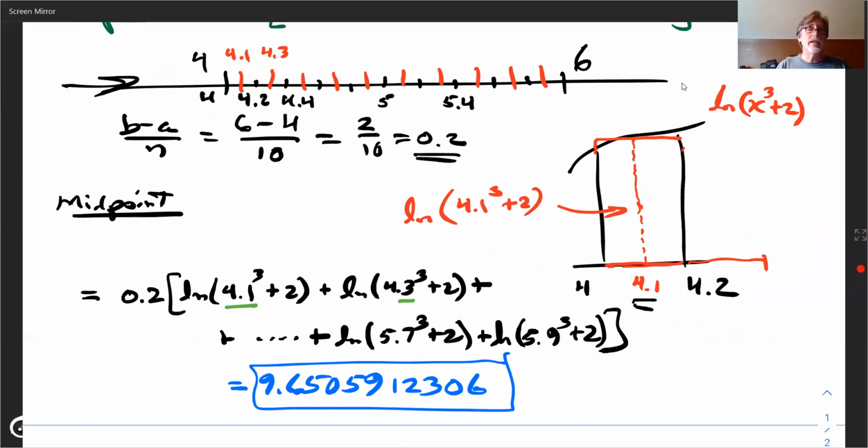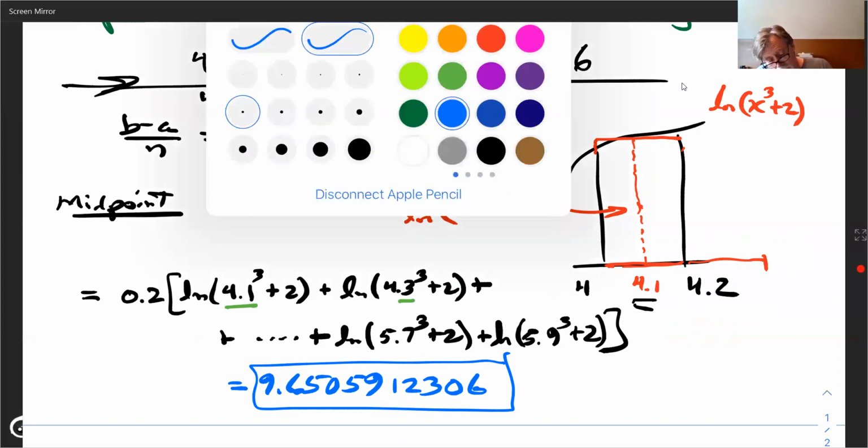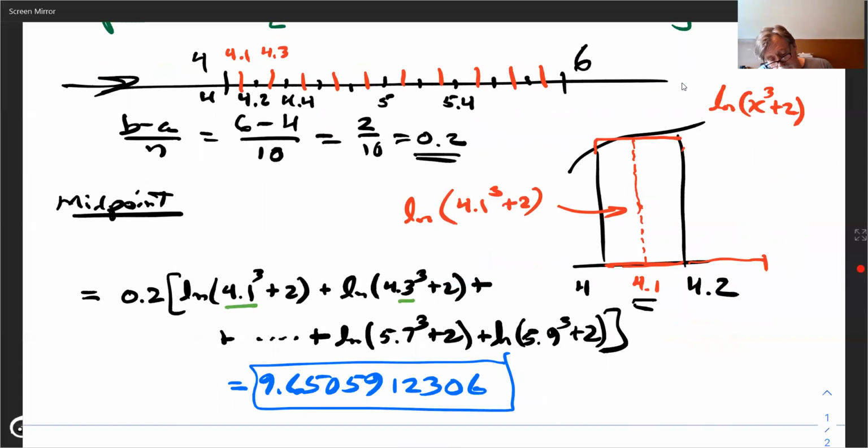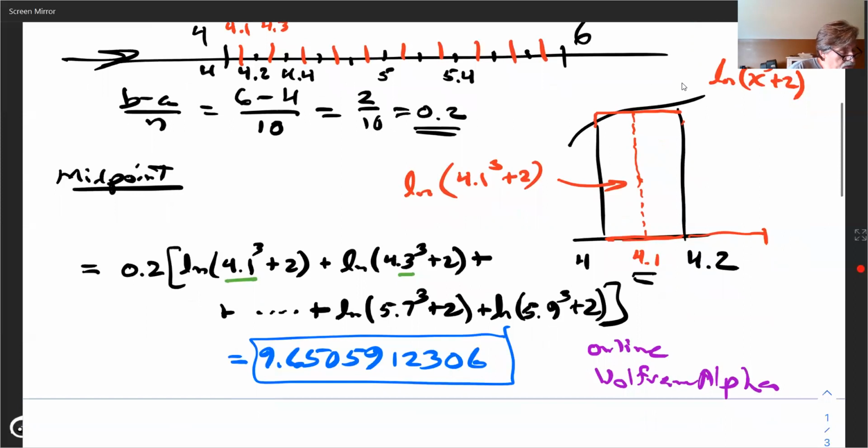At this point, you might get curious to know, what is the actual answer? I don't know how to integrate that, but I did us all a favor, and I went online. I think on this one I used Wolfram Alpha or whatever, and I got this answer: 9.65053, and it stopped.